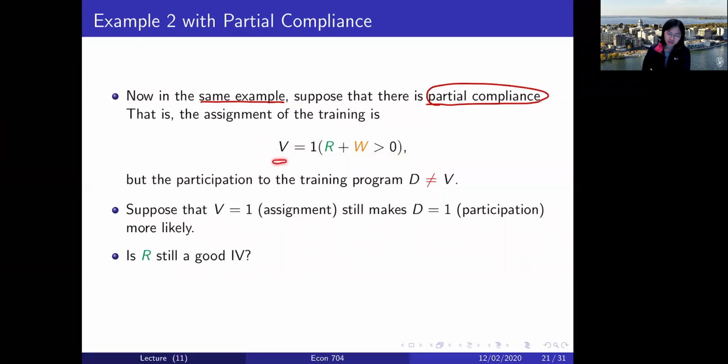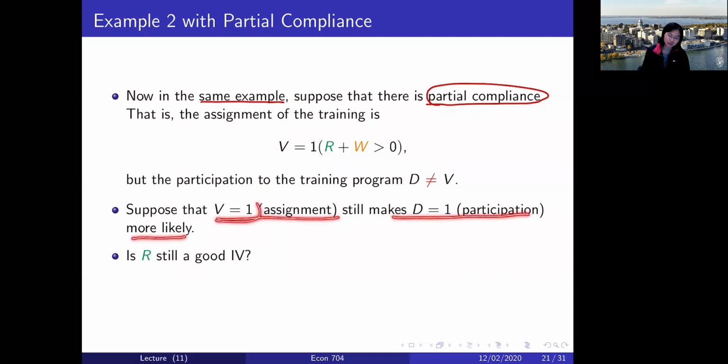So let V denote the assignment dummy, equal to 1 if the person is assigned the training and 0 otherwise. And let D be the participation dummy. Participation is not the same as assignment because there was partial compliance, but assignment still makes participation more likely.